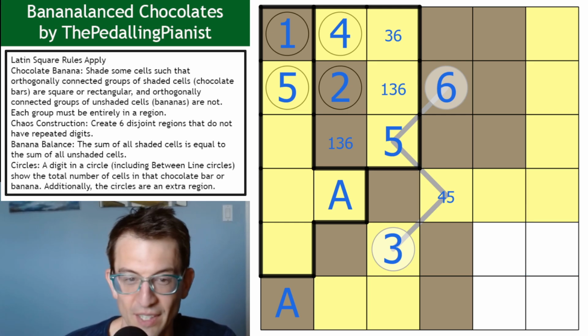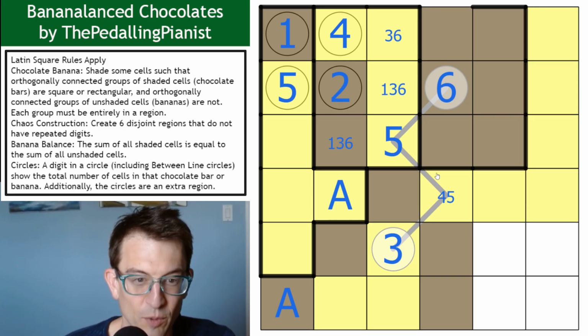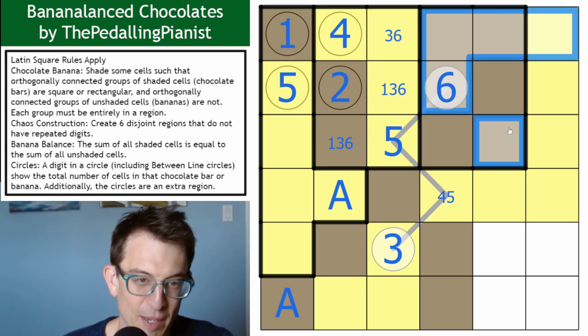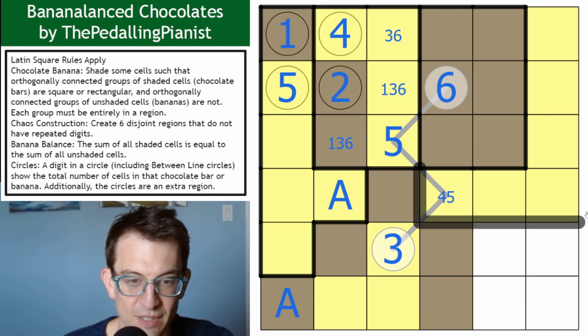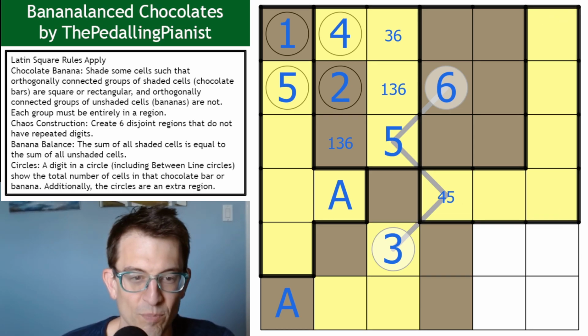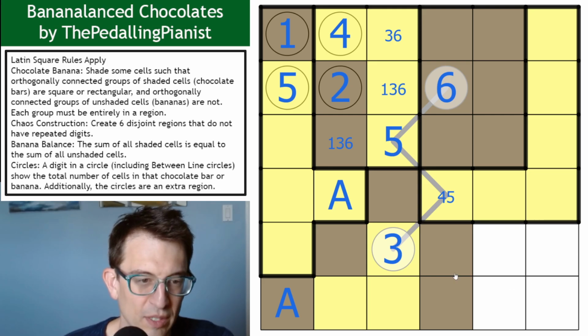There's a region. We're finishing this off quite quickly now. This is a 6-cell region because the 6 cells in the chocolate can't combine with anything else. The 6 cells in this banana can't combine with anything else. That's a region. And now I get what?